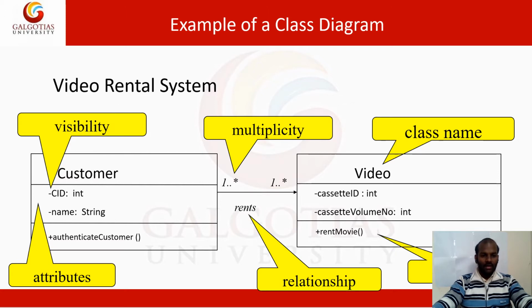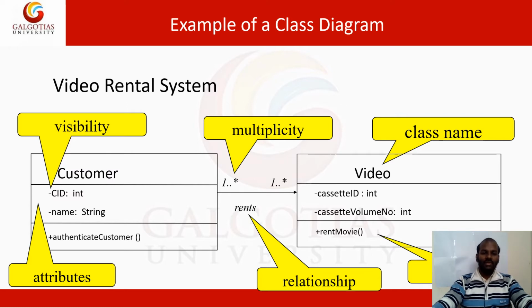The customer has a customer ID and a customer name. The minus symbol here means private, and the plus symbol means public, so anybody can view it. Coming to the operation, authenticate customer, this notation shows the visibility.